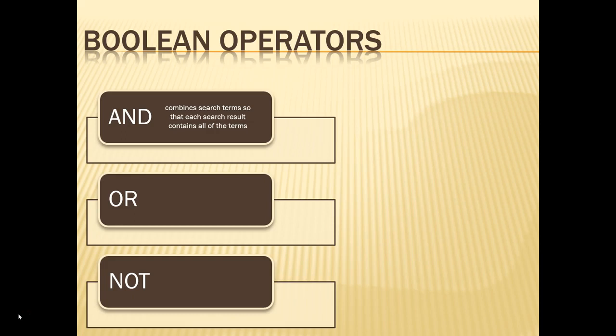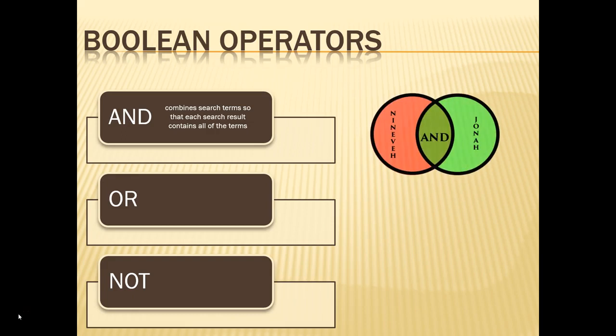Let's take a look at an example. In this diagram, the first circle, the one in red, is the search term Nineveh. The other circle, the one in green, is the search term Jonah. So our search inquiry will look like this: Nineveh AND Jonah. So what does this mean as far as our results?